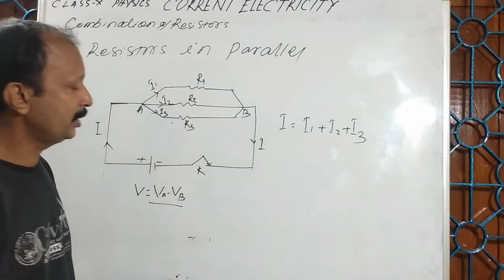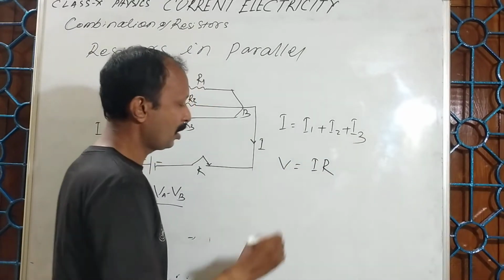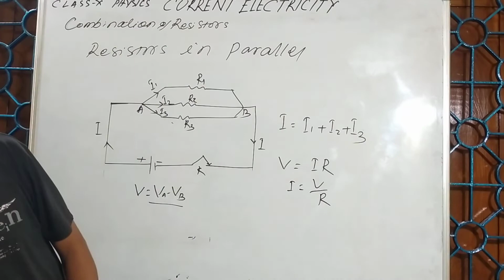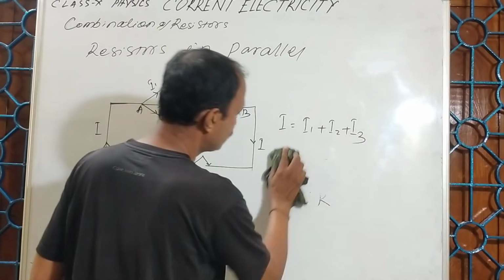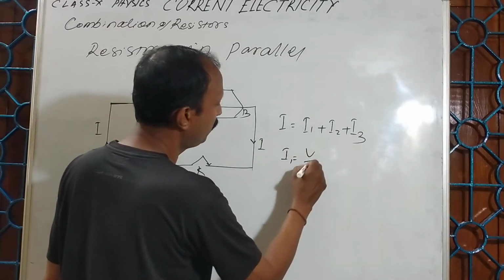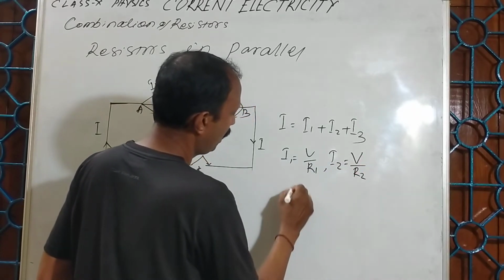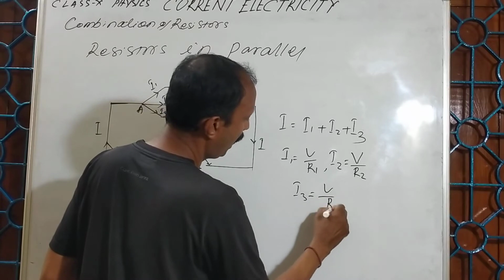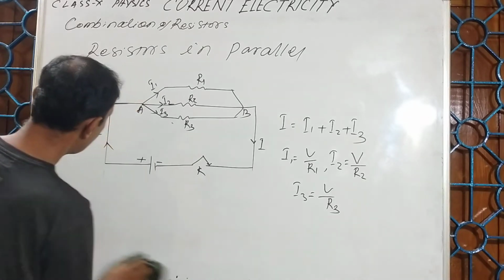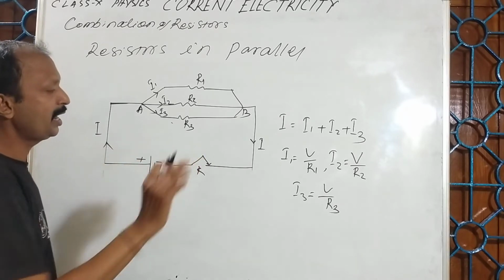Already you know from Ohm's law that V is equal to I R, or I is equal to V by R. So I1 is equal to V by R1, I2 is equal to V by R2, I3 is equal to V by R3. Suppose here the current drawn from the cell is I ampere.